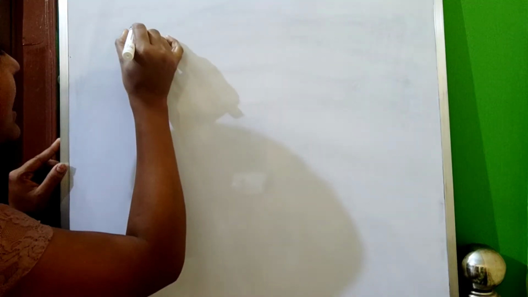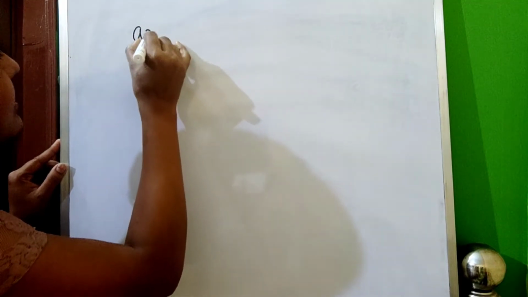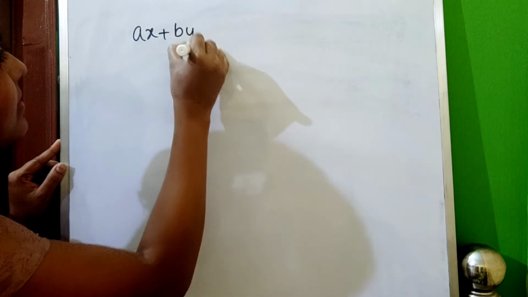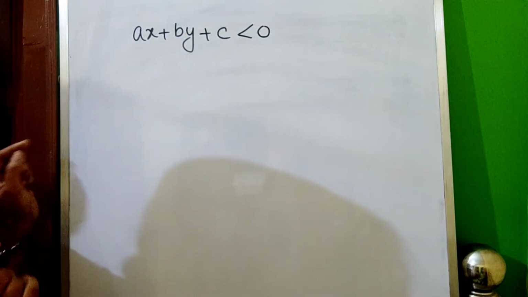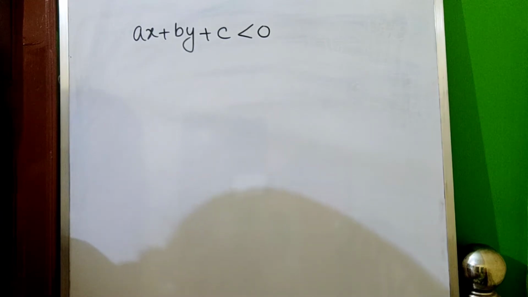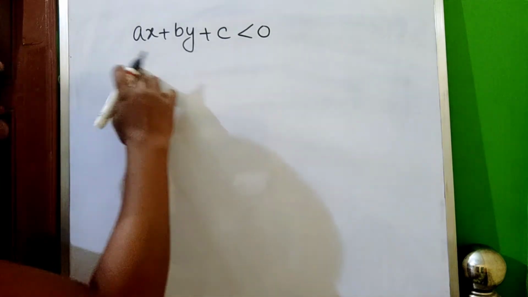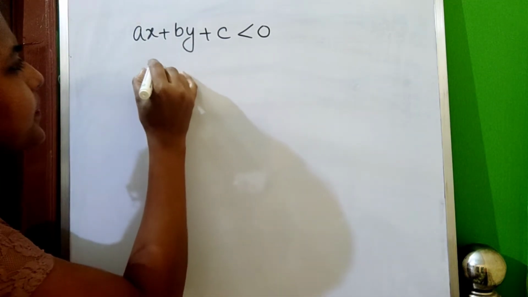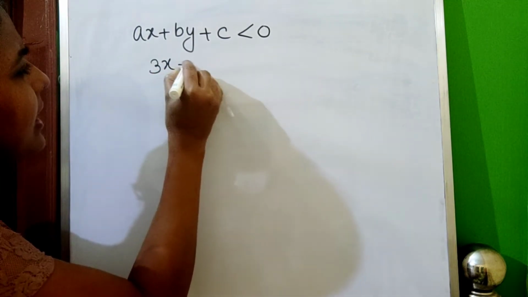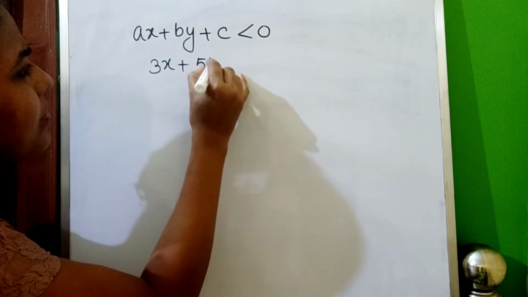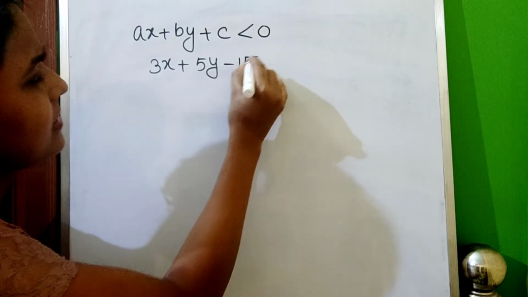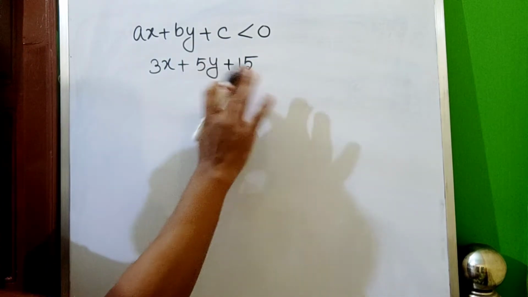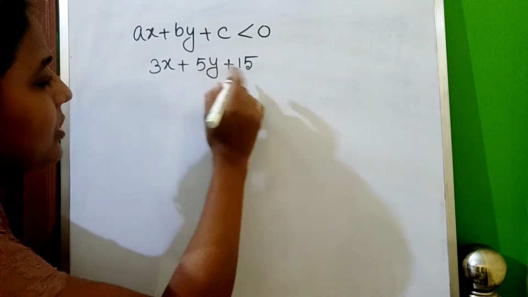The form is given as ax plus by plus c less than 0. Just for the sake of today's activity, I am taking the inequation as 3x plus 5y plus 15 less than 0, because we are taking everything positive.